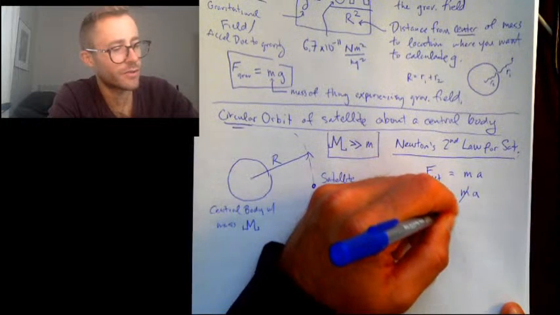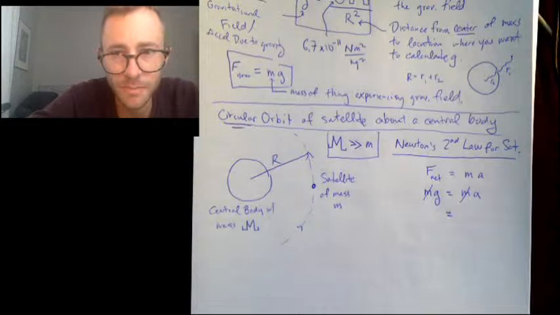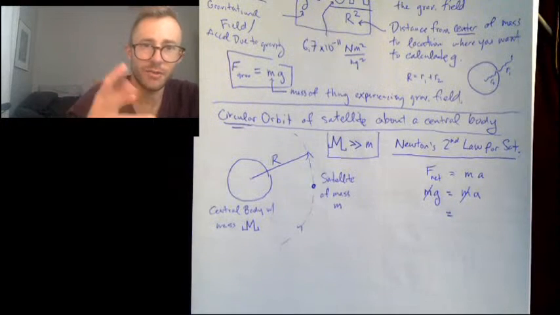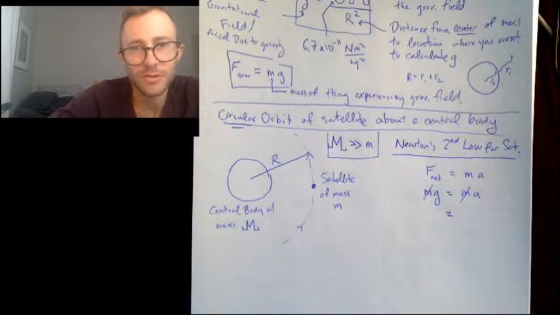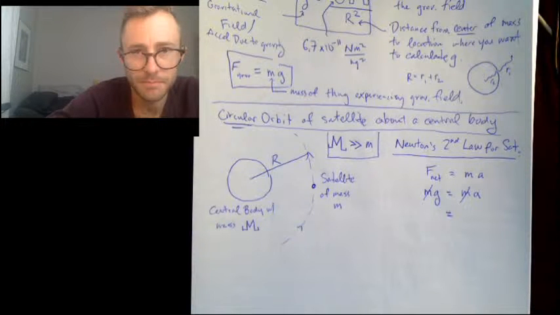Going to the next line, on the right-hand side, because the satellite is moving in a circle, I'm going to use the formula for centripetal acceleration. And I gave you two formulas for centripetal acceleration. One was v squared over r. We're going to use the other one first.